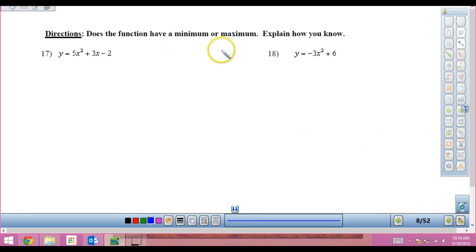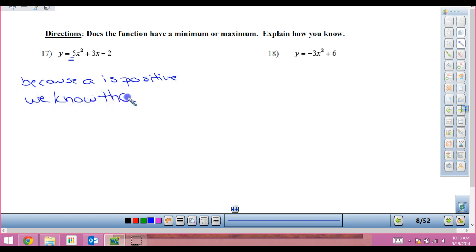All right, maximum or minimum. Okay, if we look at A right here, so we can say because A is positive, we know that the parabola opens up.